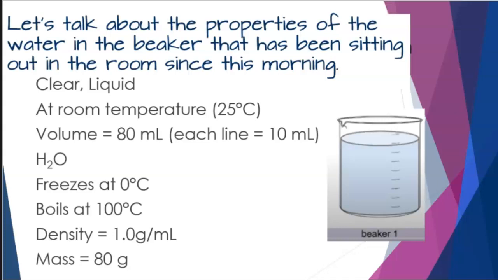We know that water freezes at 0 degrees Celsius. It boils at 100 degrees Celsius. You may not know this, but the density of water is 1.0 grams per milliliter, which means the mass is 80 grams. Those are all properties of that beaker of water.